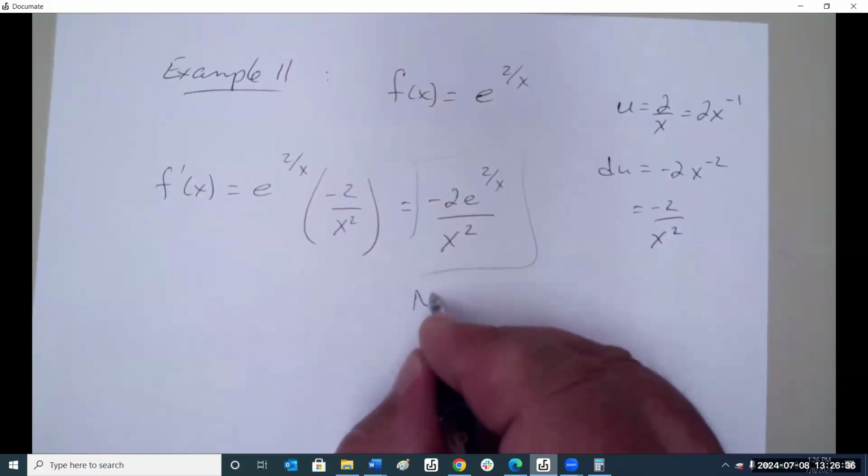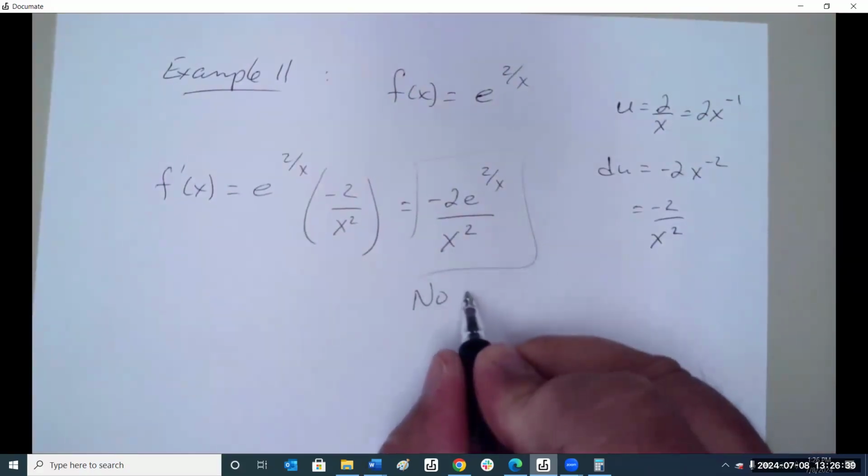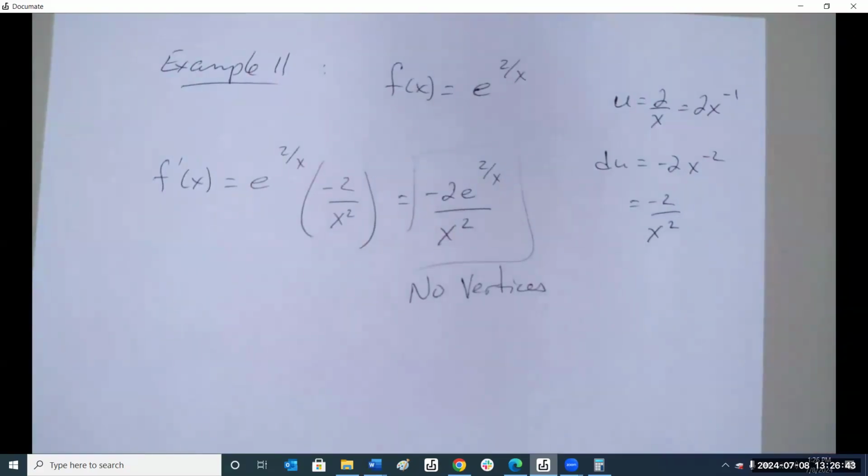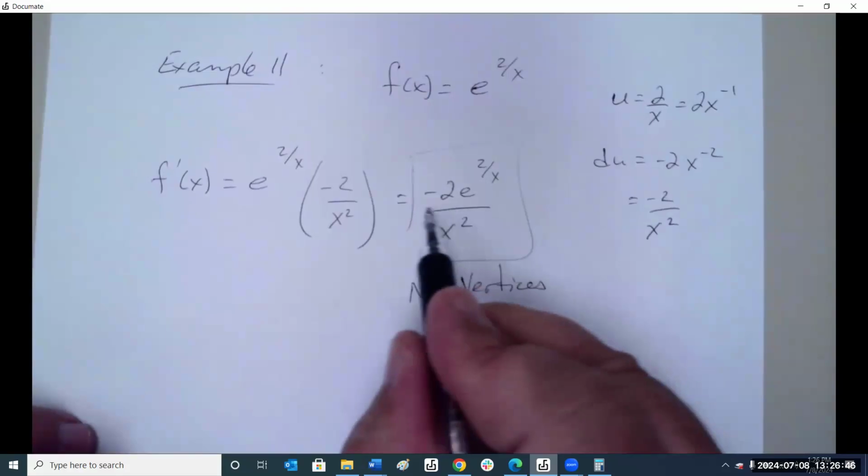So there are no vertices because you can't make the top equal 0.